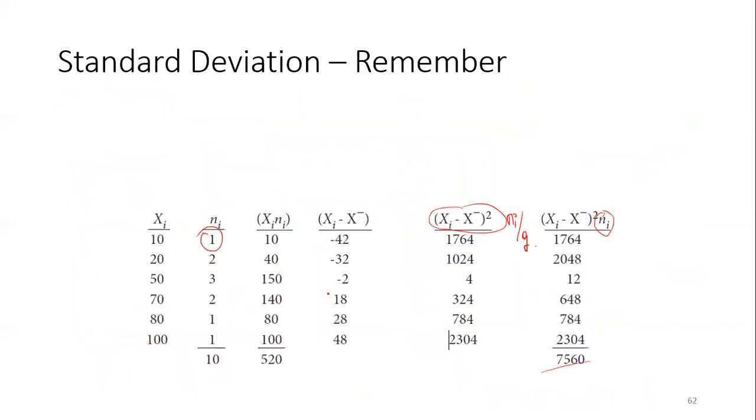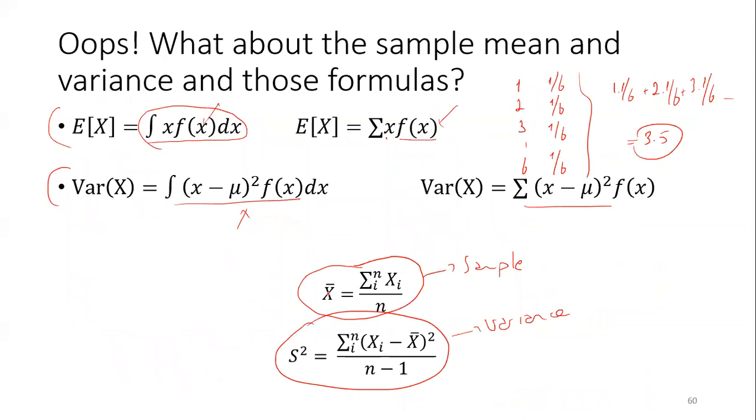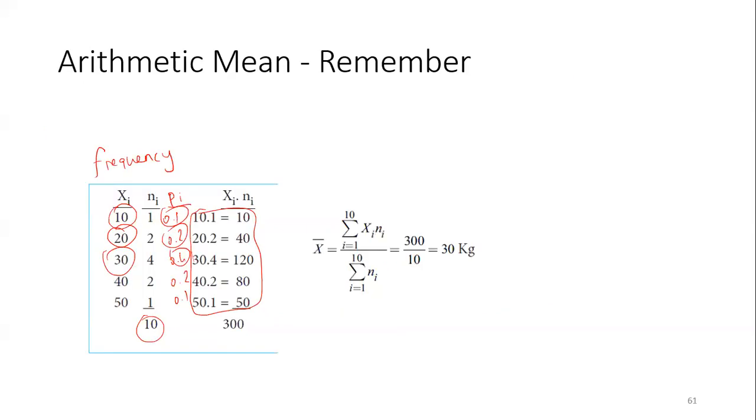So in fact, the expected value formula is nothing but the x bar formula where n goes to infinity. Similarly, you can show that the variance of x formula is nothing but the same thing as s squared where n goes to infinity.